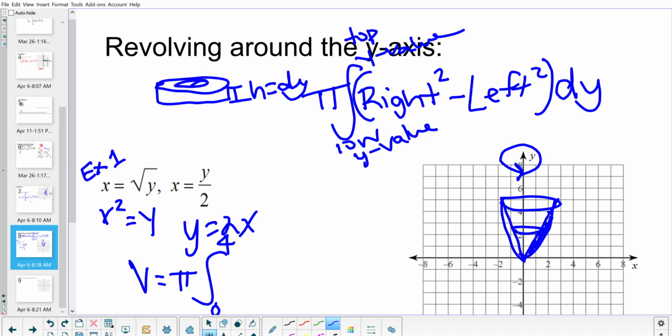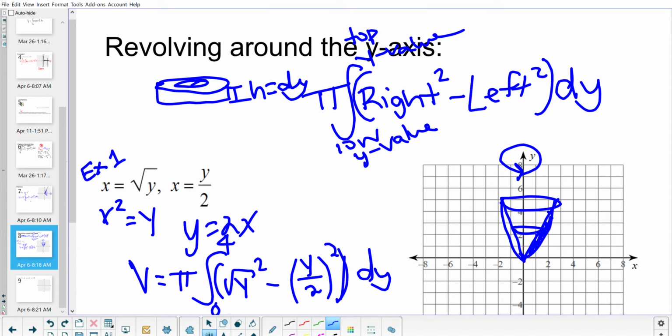Okay, so then the radius of the outer function is the right function. So that would be the square root of y, squared, minus y over 2, squared, times, in parentheses, dy. And then at this point, you can go to your calculator and plug that in.